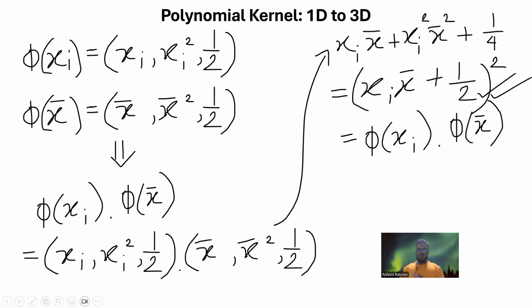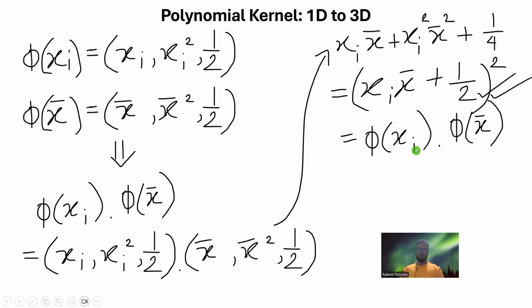Now understand that this term right here does not require any transformation of xi and x bar to this 3-dimension, right? We can simply take xi, which is 1D. We can simply take x bar, which is also 1D. We can multiply them together and add half and do a whole square, which is a very simple operation. This operation is equivalent to first transforming xi to 3D, then transforming x bar to 3D, and then doing the dot product.